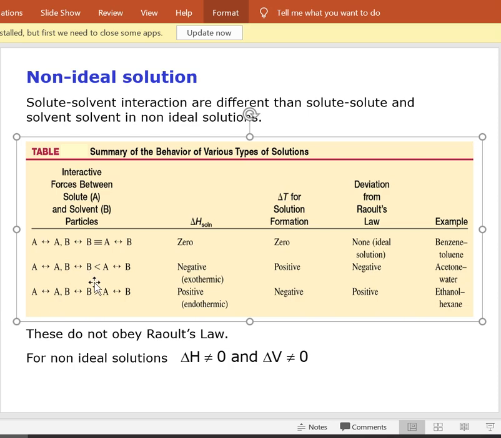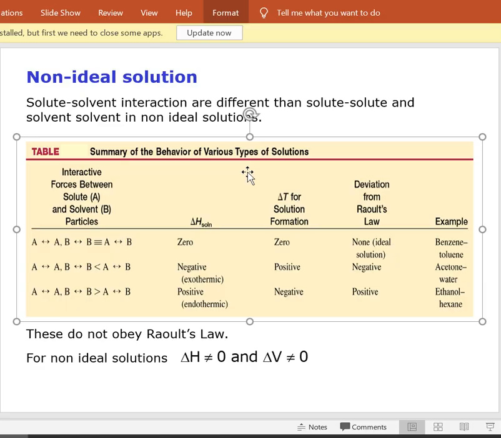Due to which there is an increase in their partial vapor pressure. Why? Because the interaction between the molecules has become weak, weak bonding, due to which it results in the increase in their partial vapor pressure. So the total vapor pressure of the solution is also greater than the vapor pressure expected in this positive deviation.